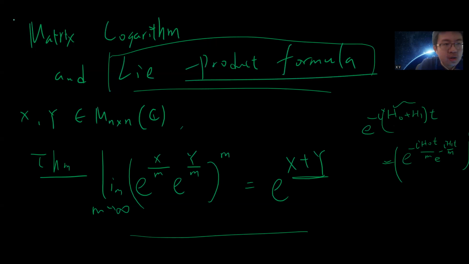Let me give you the intuition proof. It is very simple. You start from this. In general they may not commute.